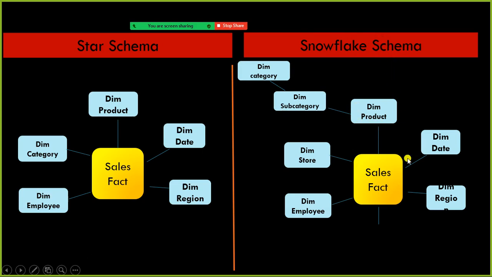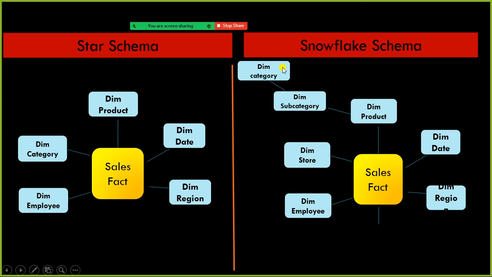But the advantage of the Snowflake schema is it consumes less storage, and it is easier to implement a dimension, right? But due to the multiple tables, the query performance will get reduced. You cannot expect a faster response.